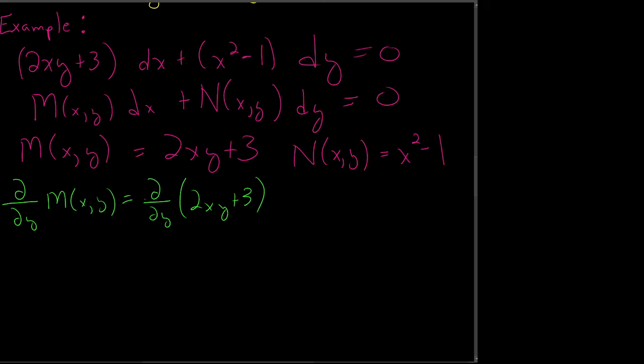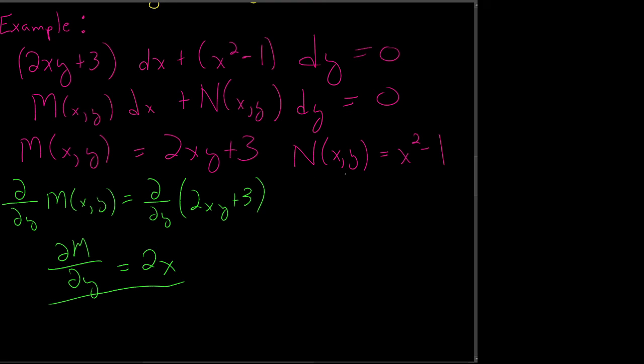So what I'm doing here is taking the d/dy, not the d/dx. The derivative of y is 1, so this becomes 2x, and the derivative of a constant is 0. So I get 2x, and my partial of M with respect to y is 2x.